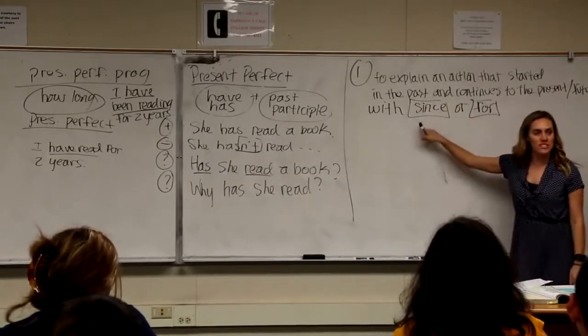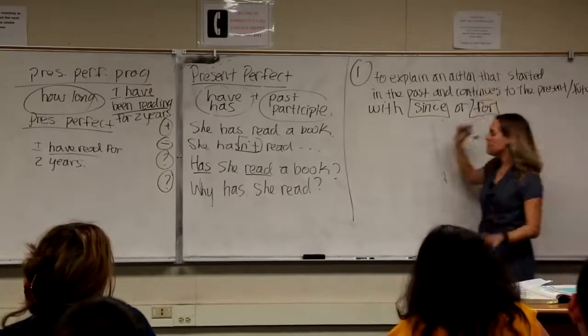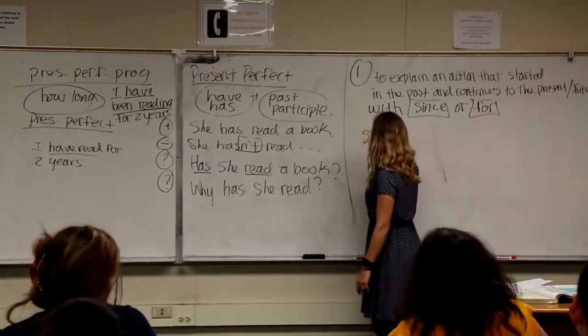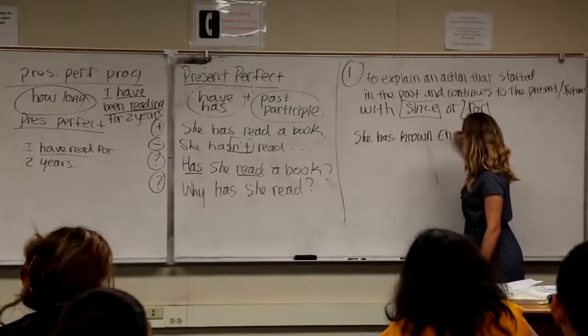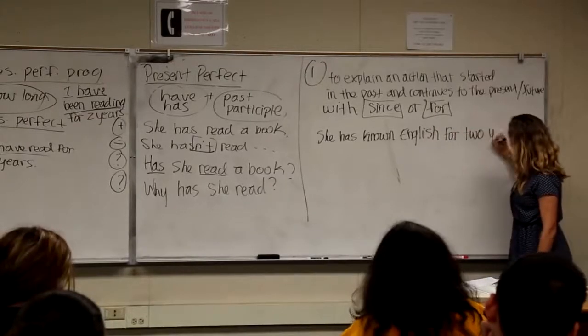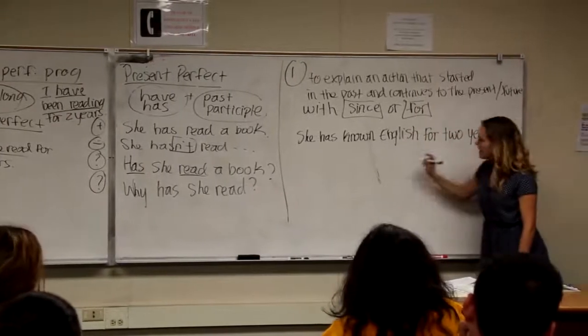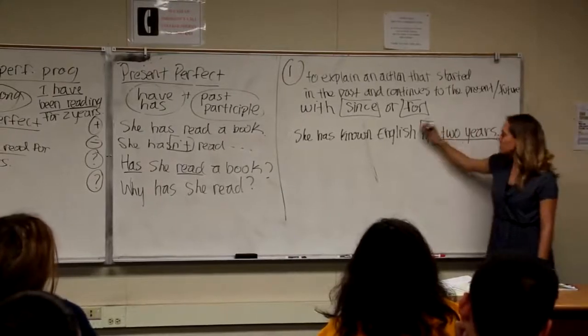If you're using it with since or for, it means this, okay? So again, for example, she has known English for 2 years. How long? 2 years. And we're using for.